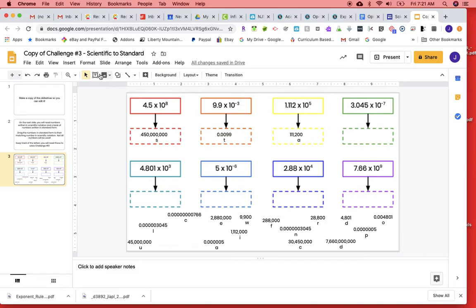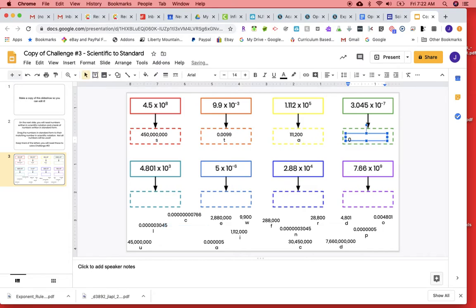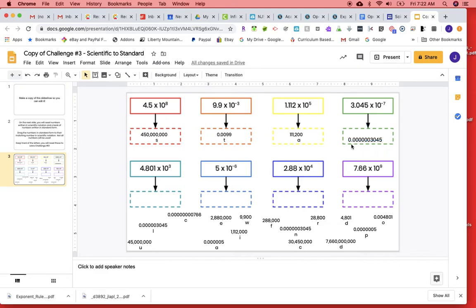So I'm going to put my text box. I'm going to put 0 in front for my coefficient. And then I said I had 6 zeros. 3, 4, 5, 6. And then my 3. And then I have a 0, 4, 5. All right, so we have this number.